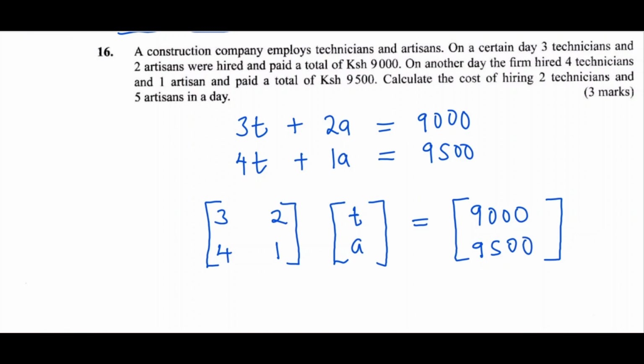9,500 shillings. Normally, we multiply rows times columns to get answers.